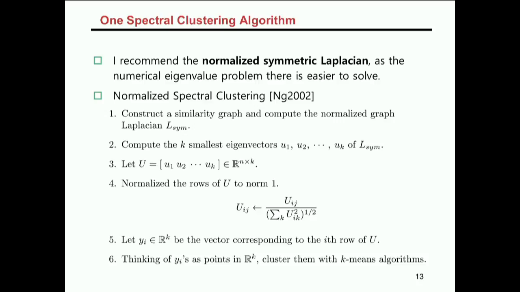You were given an n by n similarity matrix. Now the second dimension n has shrunk to k with the k smallest eigenvectors. And then you run some standard clustering algorithm, let's say k-means, on that data, where you got the eigenvectors after you normalize the entries, and then you will be able to recover the clusters.